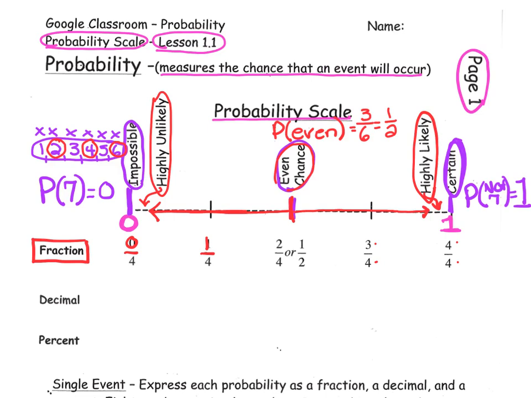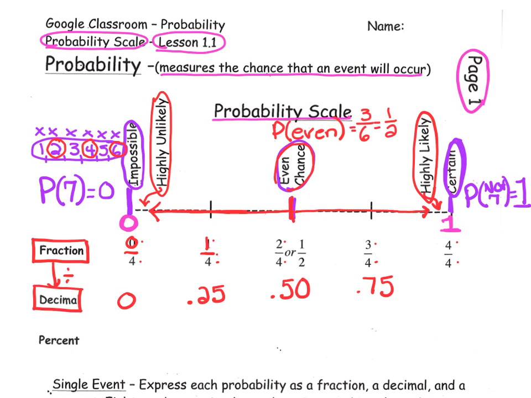But we can convert each of these to a decimal and express our probability as a decimal. Simply divide to convert. 0 divided by 4 is 0. 1 divided by 4 is 25 hundredths. 2 divided by 4 is 0.5 or 50 hundredths. 3 divided by 4, 0.75.